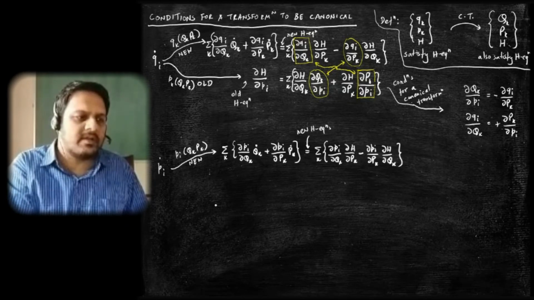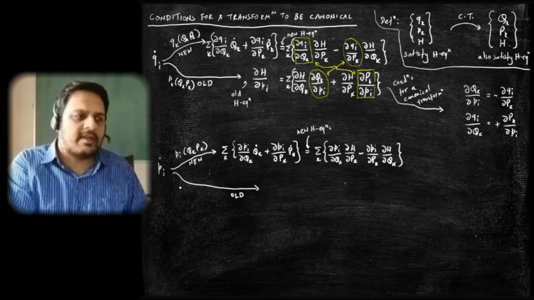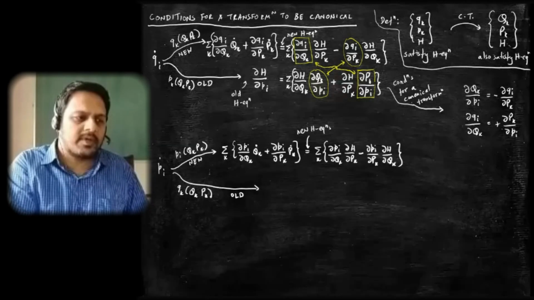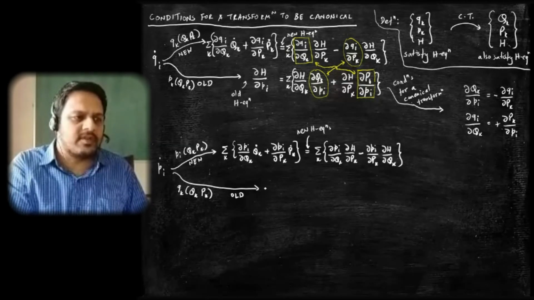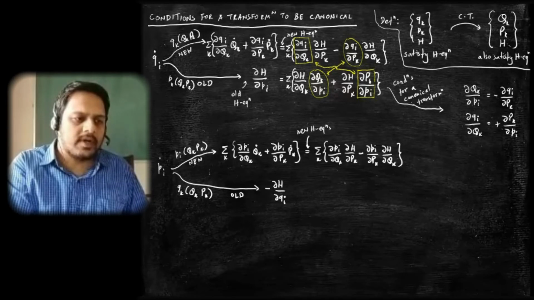This is one part. The same quantity, if you treat it from the perspective of the old variables, where at some stage you will have to use the fact that Qk is a function of qk and pk. You can watch this carefully. This becomes minus ∂H/∂qi. This is from the old Hamilton's equation.